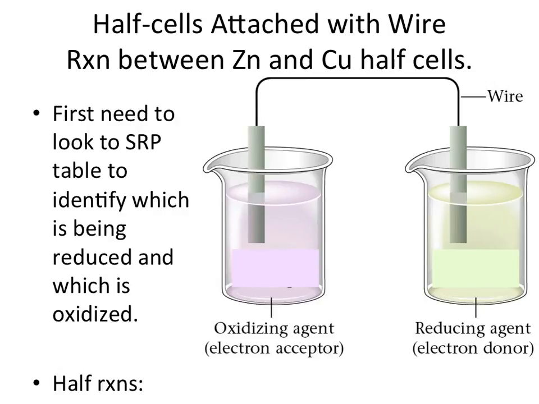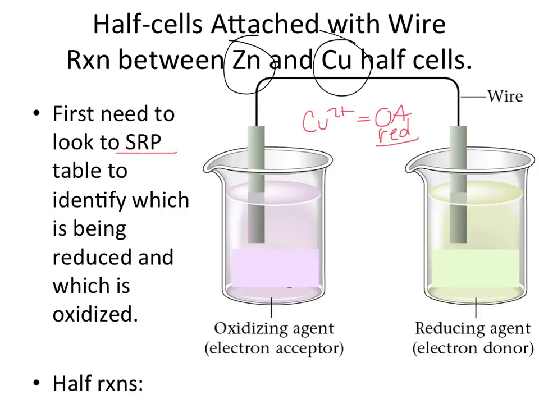Where we're looking at zinc and copper, we have to figure out which one is going to be reduced. And so what we look to is, yes, our standard reduction potential table. Once we see that Cu2 plus is higher than zinc, it's going to be the oxidizing agent. The Cu2 plus is going to be our oxidizing agent, which means it's going to be reduced.